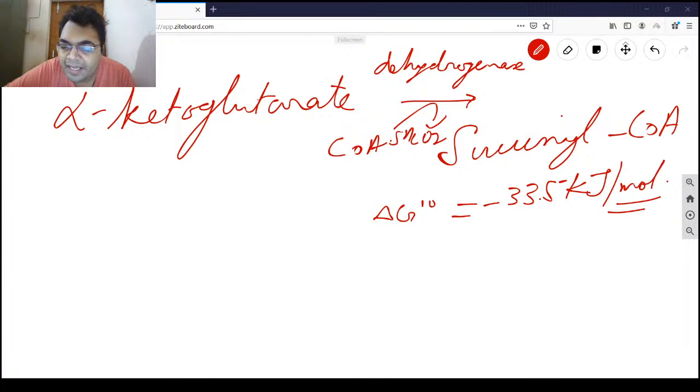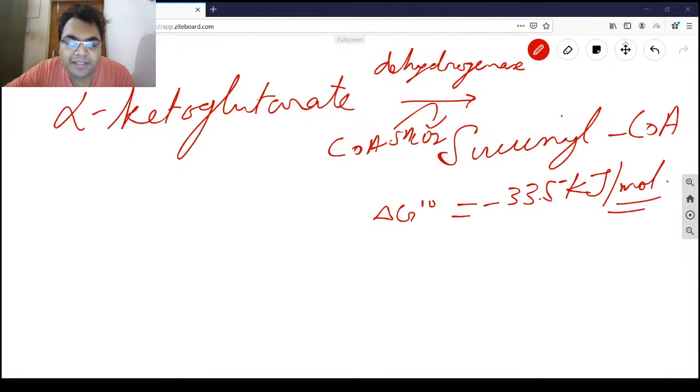The subunits of E3 are really identical in these two enzymes. So there has been some kind of divergent evolution which has led to alpha ketoglutarate dehydrogenase and pyruvate dehydrogenase complex becoming a little bit different in their function, because they catalyze different reactions.